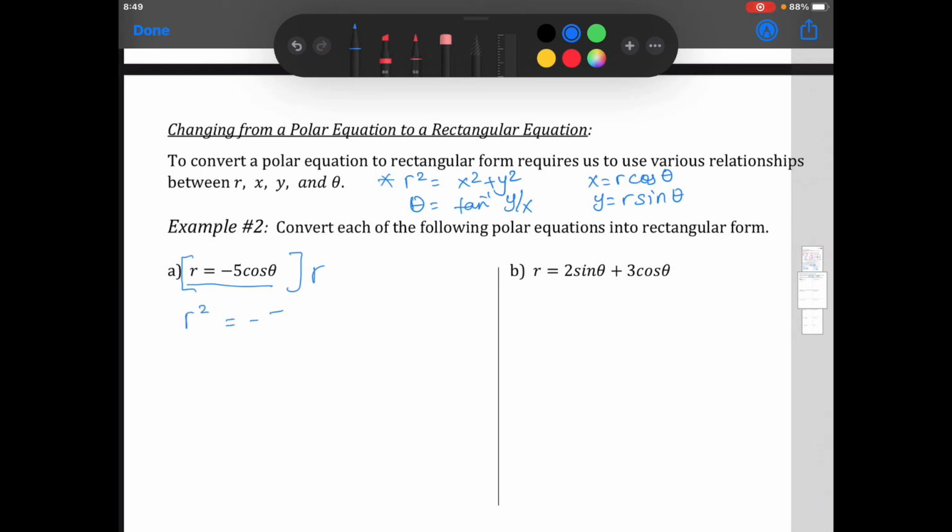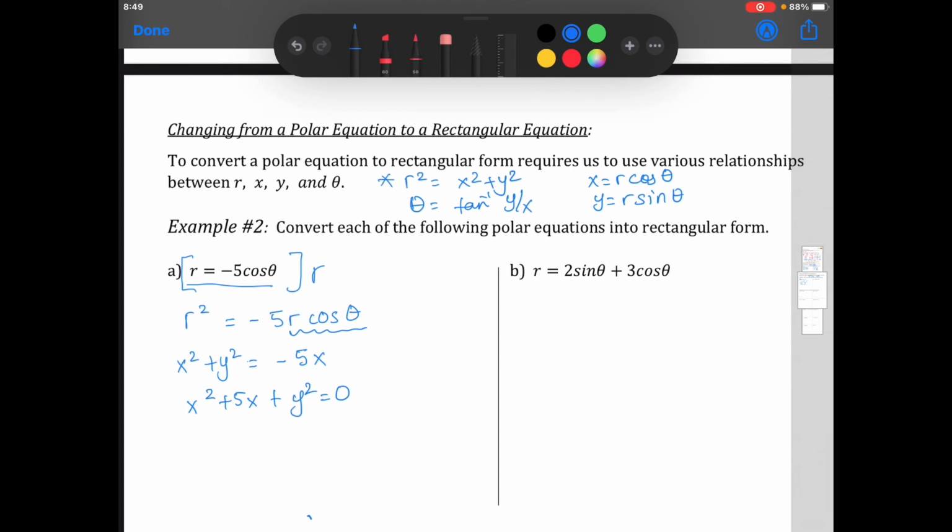On the right side, you'll have negative 5r cosine theta, right? r squared is x squared plus y squared equals negative 5 times r cosine theta, which is 5x. Set it equal to 0. If you were to do completing the square, this is actually the equation of a circle. Equals 0.